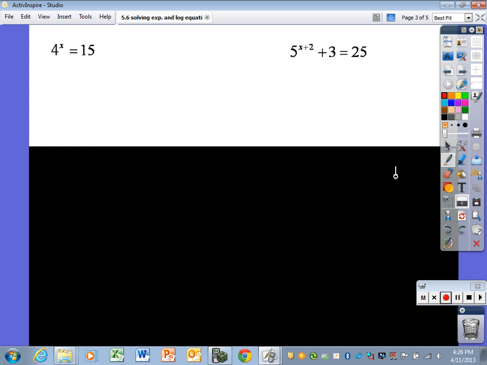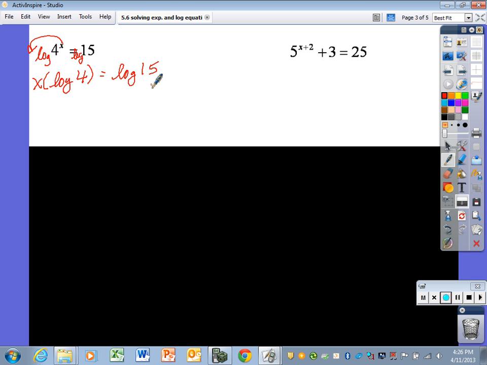Now I have 4 to the x equals 15. Can 4 and 15 be written as the same base? No, so I have to log both sides. Remember with logs, my exponents multiply to the front. So I have x times log 4 equals log 15.